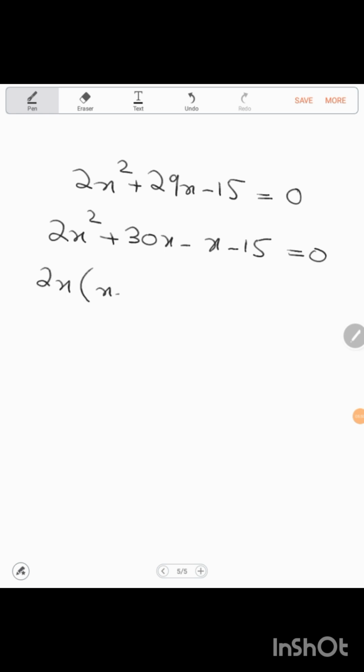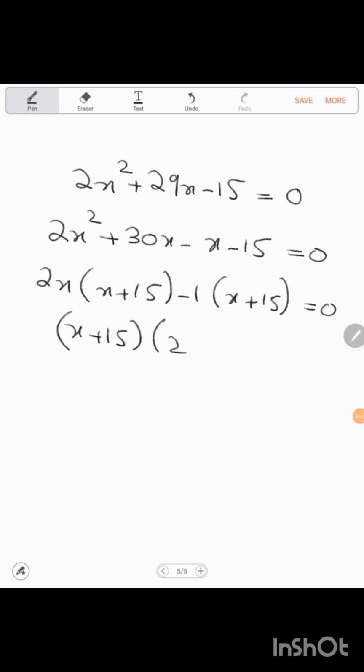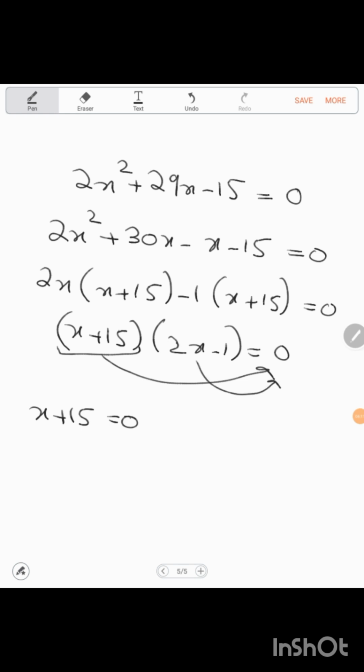And this is how you managed to place the factors. 2x minus 1 equals to 0. Now, this first factor will equate to 0, you're going to write it like this, and then this factor is going to equate to 0.